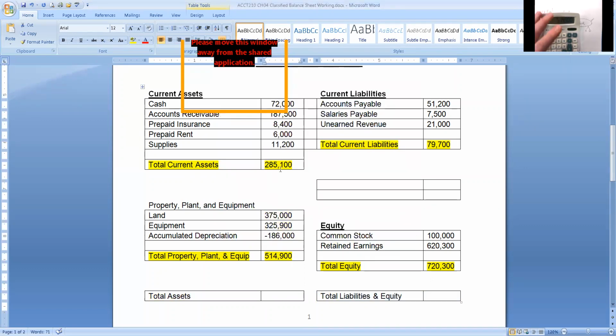Okay, so we're going to add up 285,100 plus the 514,900. $800,000 even.